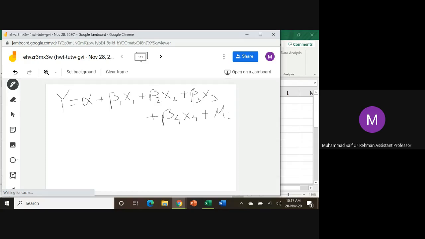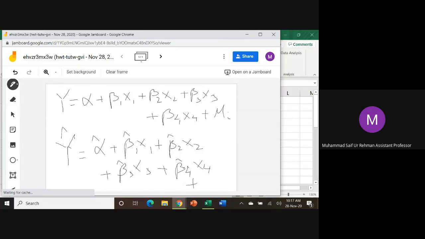Definitely estimators would be found if you take into your account the sample data. In that case, this equation will take the form y hat equals alpha hat plus beta 1 hat x1 plus beta 2 hat x2 plus beta 3 hat x3 plus beta 4 hat x4 plus ei.